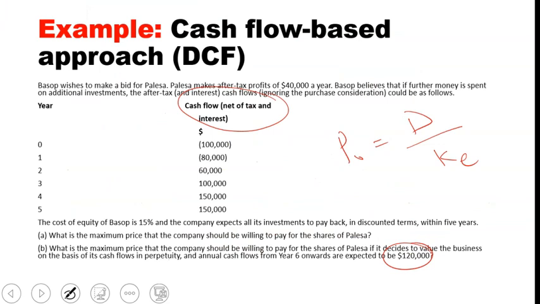We need evidence to substantiate those claims that we are going to make such cash flows in perpetuity. But all things being equal, this is how we do the computations concerning business valuations based on cash flows.